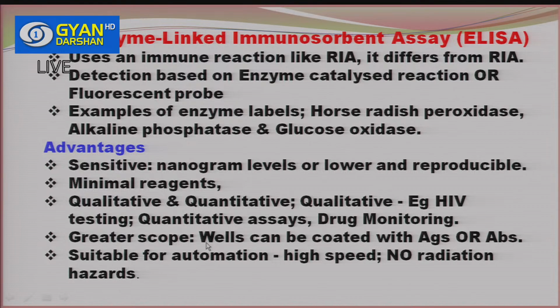So in this case, the wells can be in a tube or in a 96 well plate. We can coat either antigen or antibody. ELISA is very suitable for automation, high speed, and there are no radiation hazards like RIA.